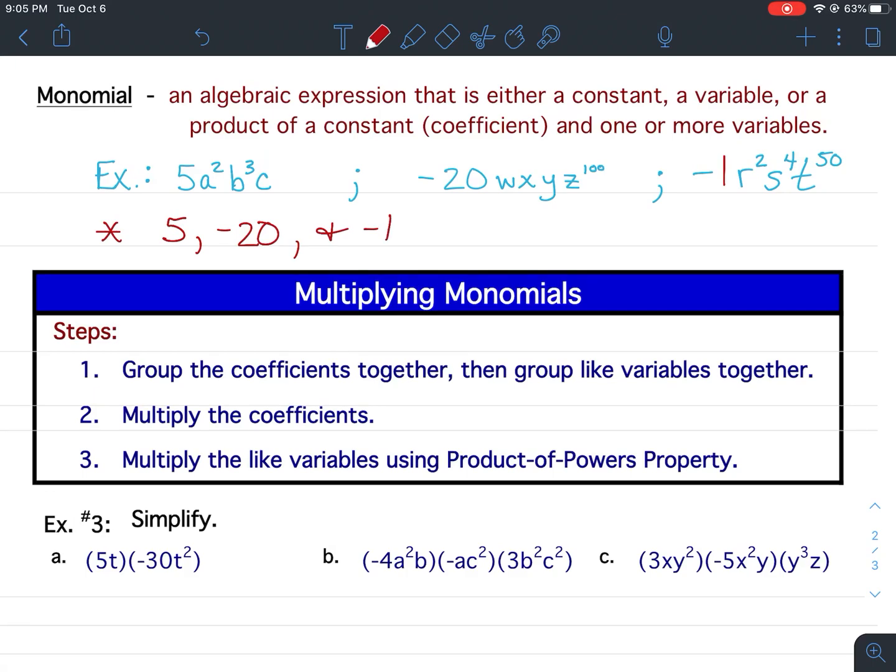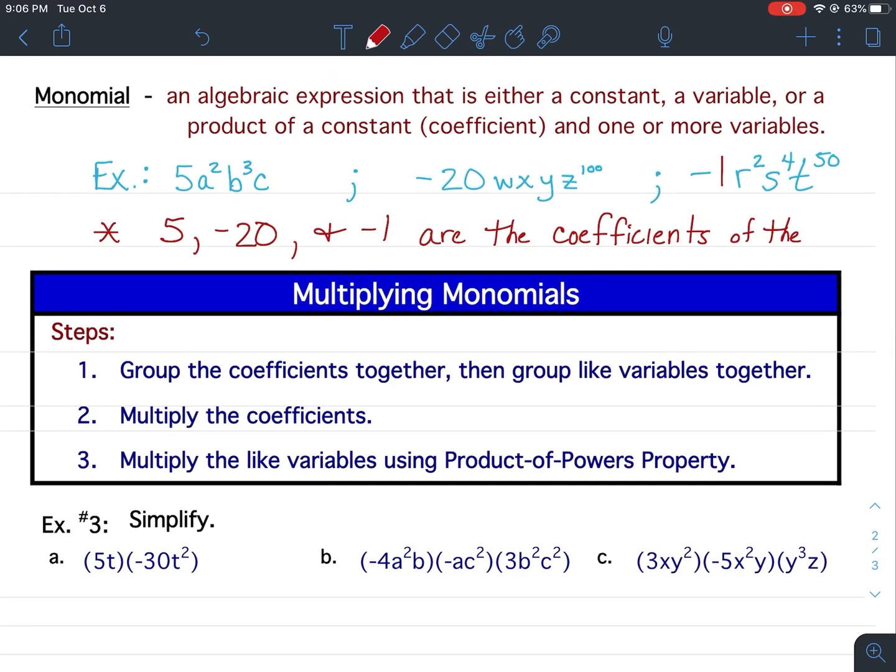So 5, negative 20, and negative 1 are the coefficients of the examples. Pause your video, make sure you get all that written down.